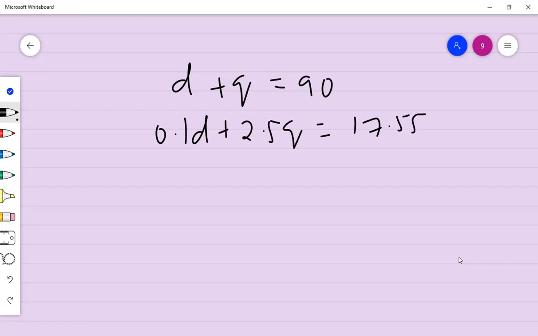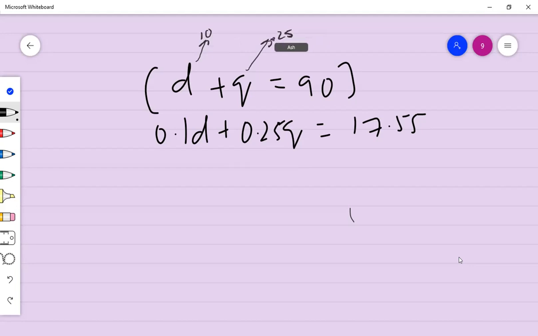Is it? Yeah. It is 0.25, because a dime is 10 cents and a quarter is 25 cents.